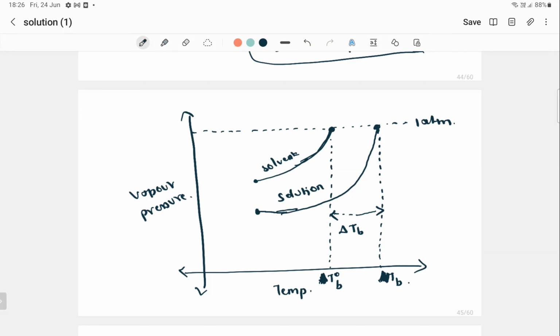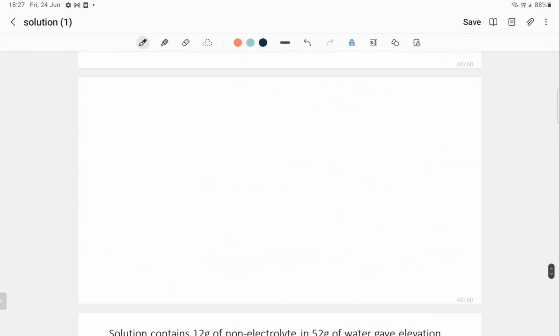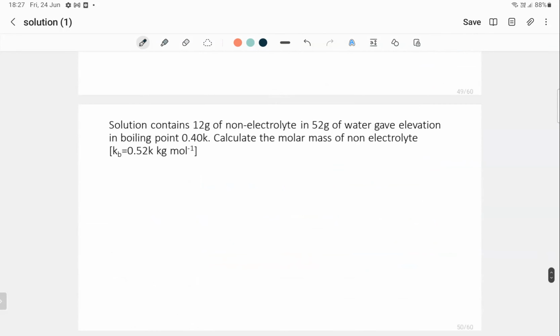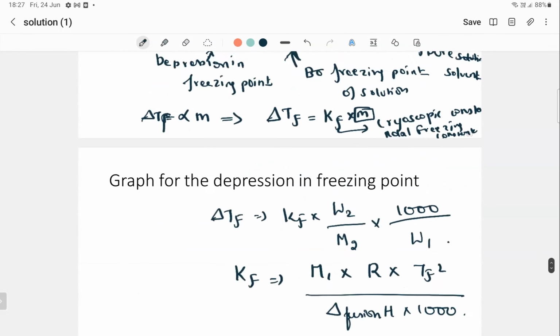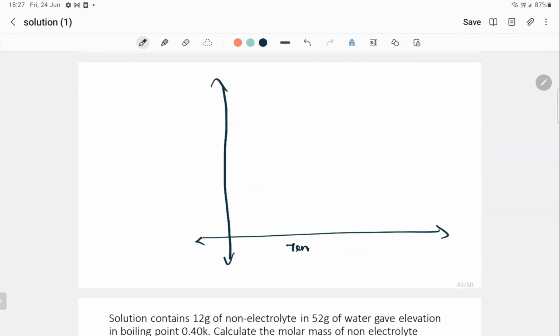Now we can go for the next one, that is the depression in freezing point graph. See here. Depression in freezing point, again a similar one. Your temperature, vapor pressure. At one point it will be getting reduced.